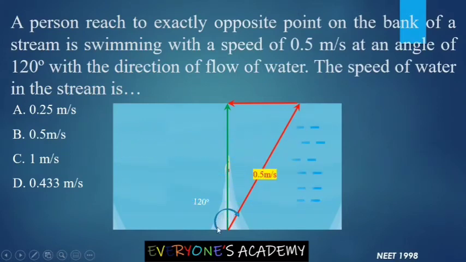Because this angle is 90 degree and the total angle is 120 degree, this small angle will be 30 degrees. And in a right angle triangle, the side in front of the 30 degree angle is half of the hypotenuse. Here the hypotenuse is 0.5 meter per second. So the opposite side of the 30 degree angle will become half of this, that is equal to 0.25 meter per second. So option A is correct.